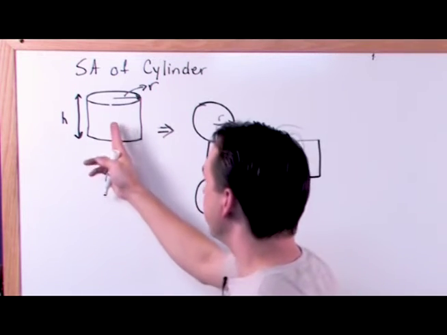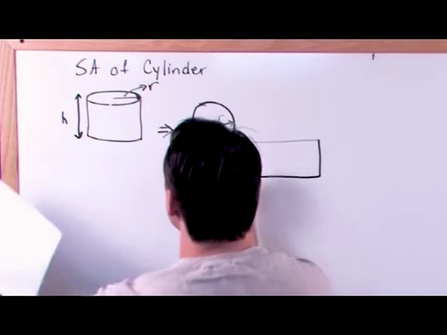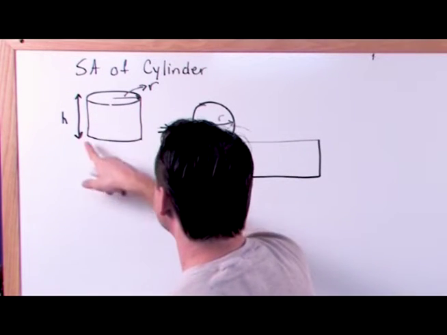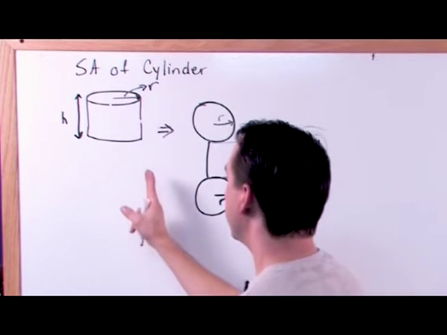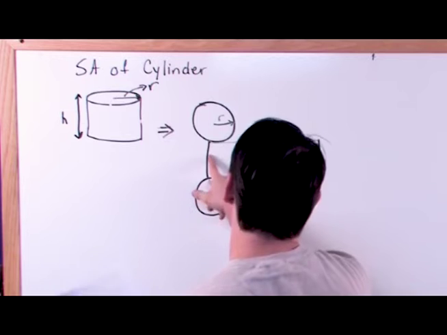And if I take my scissors and cut the cylinder and spread it open, this cylindrical piece in the center here is just going to be a rectangle. If you cut a paper towel tube and spread it flat, you can see that.